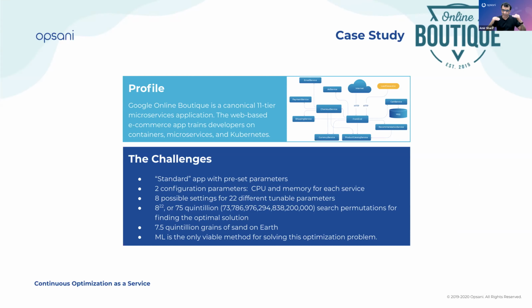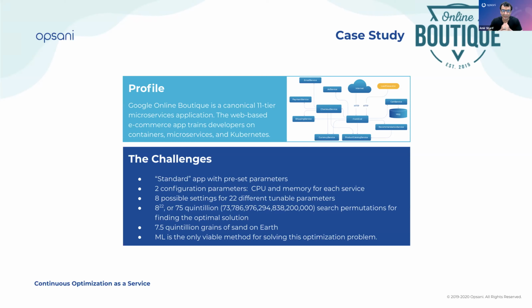As I'm trying to gauge how to tune these, I'm going to step through my CPU settings 8 times, let's say from a quarter CPU to 2 CPUs, and I'm going to do the same thing with my memory, from a quarter gig to 2 gigs. I'm going to try all these different permutations to see what works. It turns out that's a really large computation space.